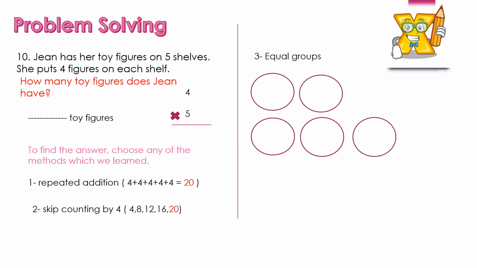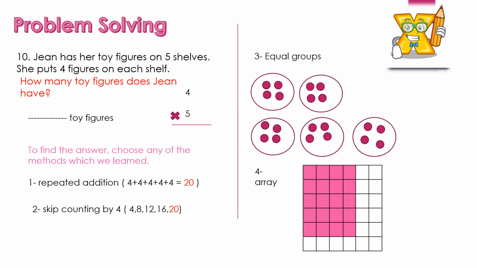In each group, I have 4, and I count how many in all. Or use the array. I will fill 5 equal rows because I have 5 shelves or 5 groups. In each row, 4. So 5 rows of 4.